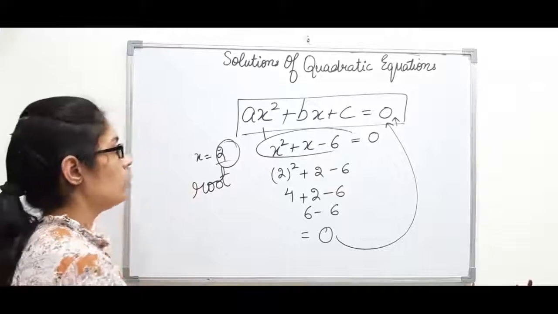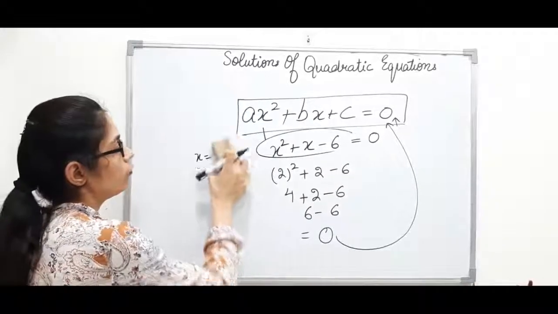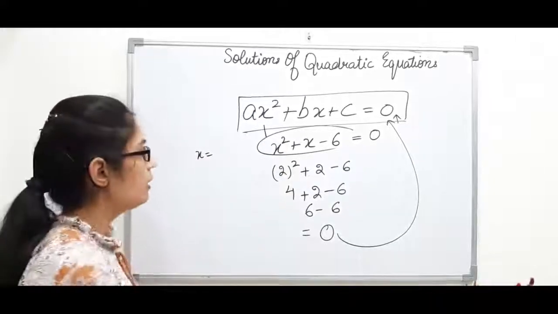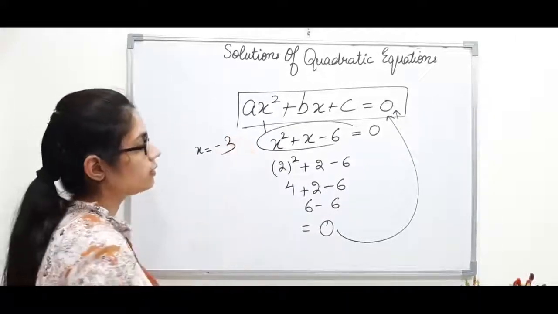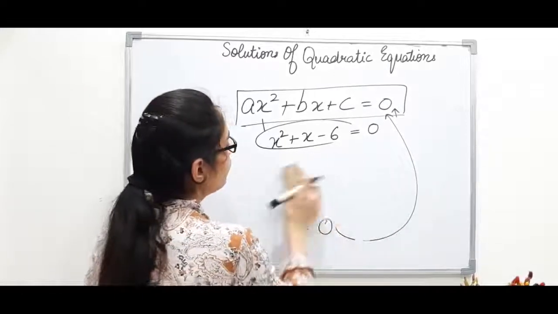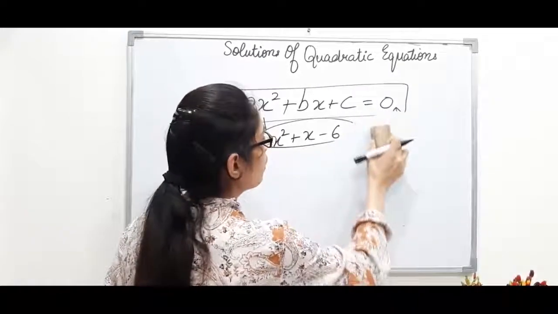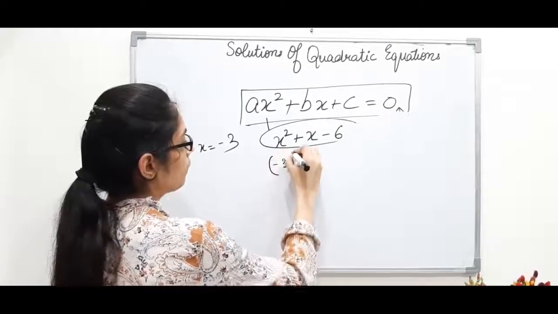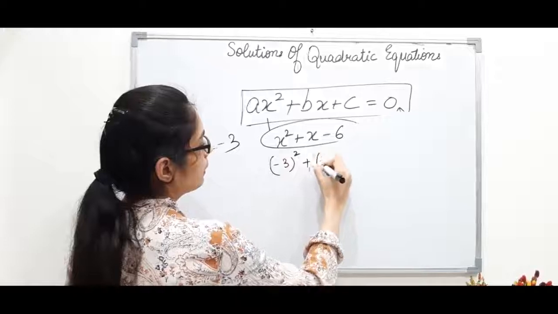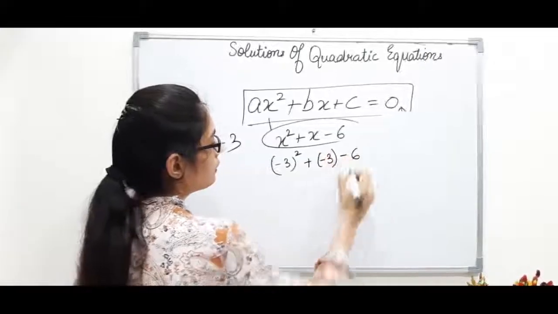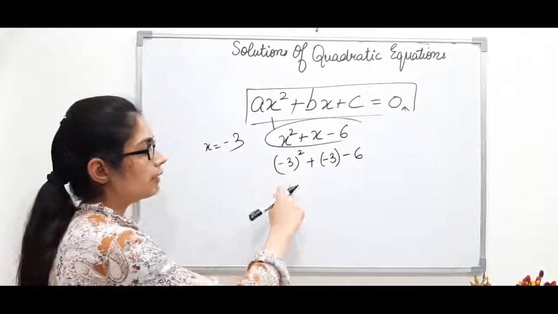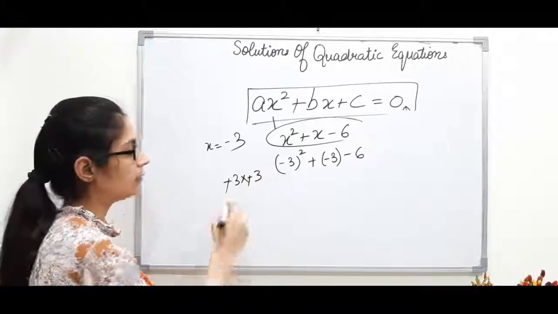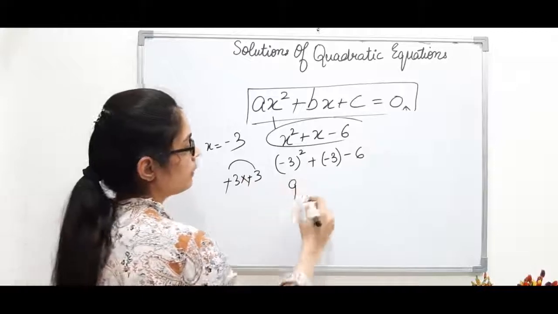Now let's take one more value of x for the same quadratic equation. Let's take x equals minus 3. Again we will take only the left hand side at the starting. So I will put x equals minus 3: minus 3 square plus minus 3 minus 6. Minus 3 square, minus 3 into minus 3. Minus and minus sign will get cancelled, and 3 into 3 will be 9.